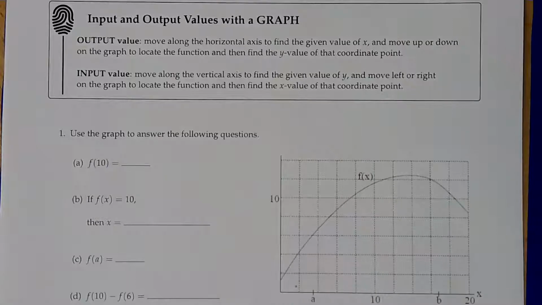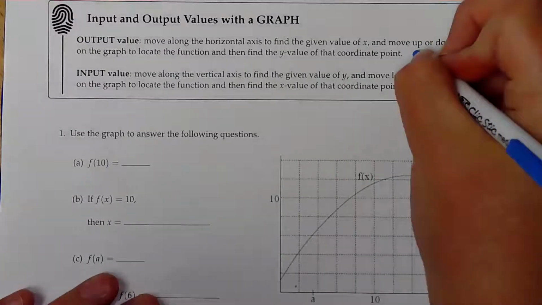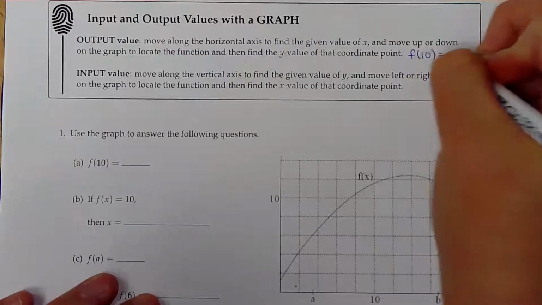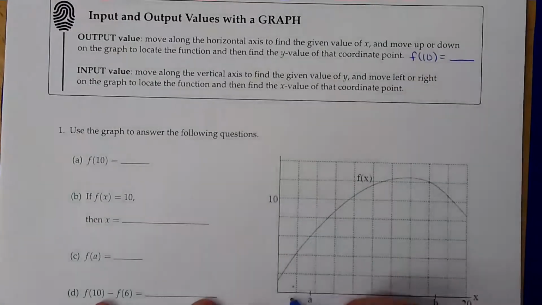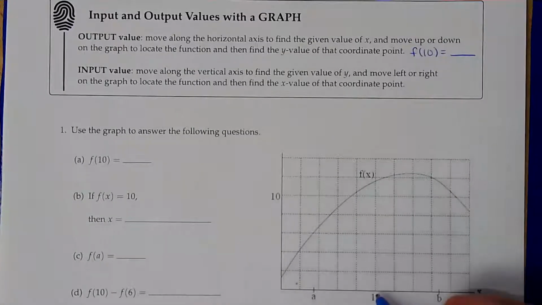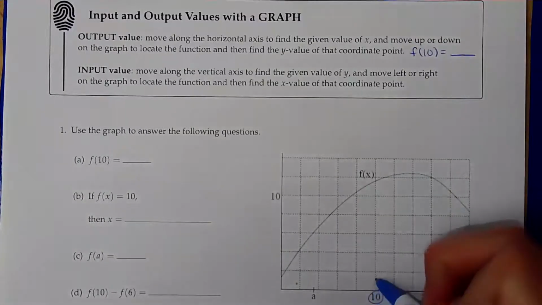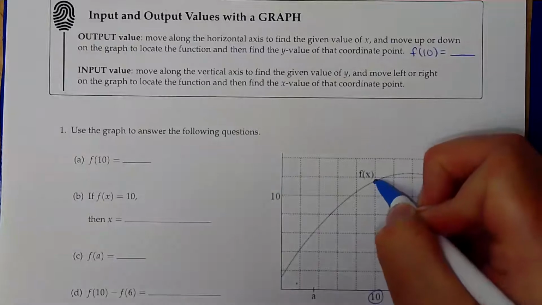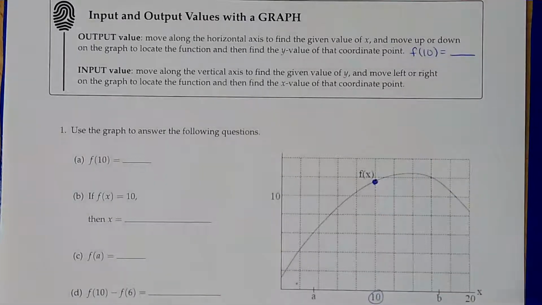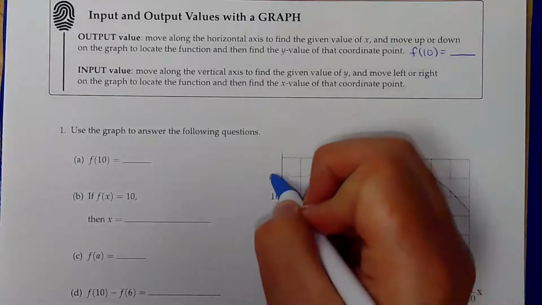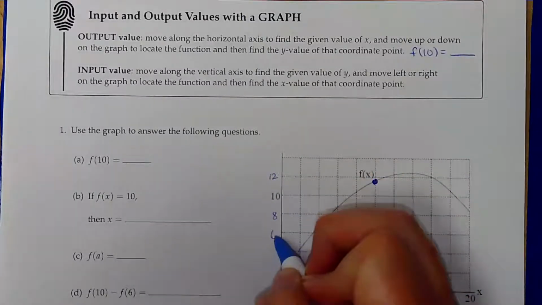So f of 10. f of 10 is asking us to find an output value. So I'm going to come across the bottom here to where x is equal to 10. I'm going to go find my function. So that's right here. And I need the y value that goes with that point. Each of these boxes here are worth 2.